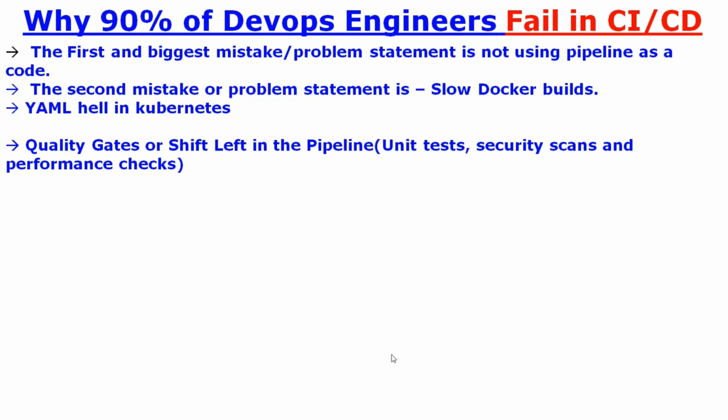All of these should pass in the CI/CD pipeline. This process is called shift left testing. In shift left testing, we catch problems early in the pipeline before they reach production. This is exactly how companies like Netflix, Amazon, and Google maintain super stable deployments.